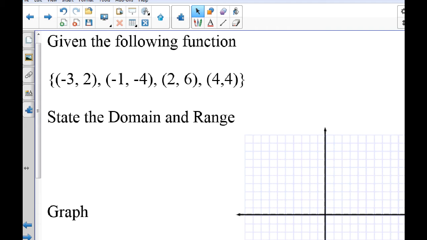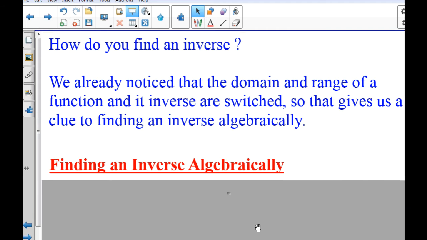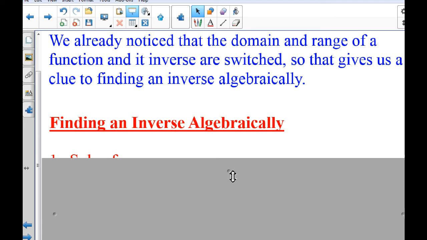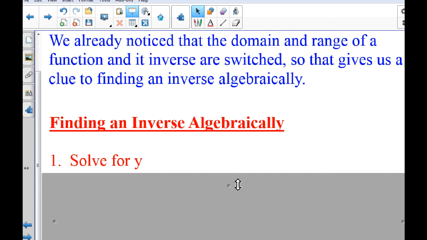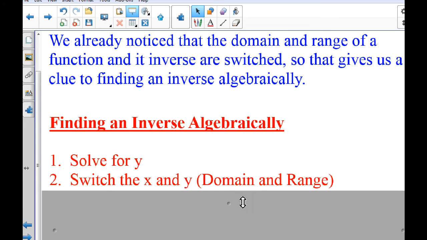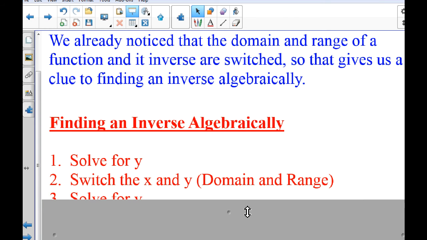That's going to look something like this, stepwise. First thing you want to do is you want to make sure that you solve for y. Then you physically switch the x and y values, the domain and range, trading places. So you'll rewrite the equation with the x in the y's place and the y in the x's place.